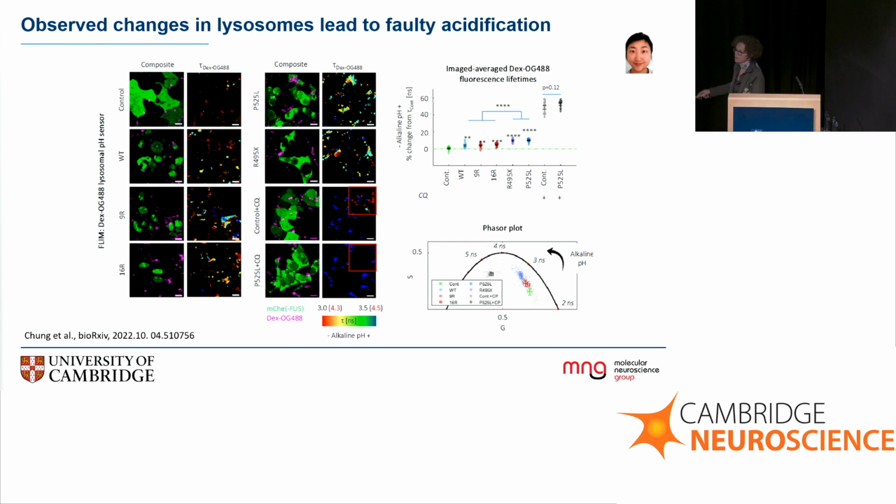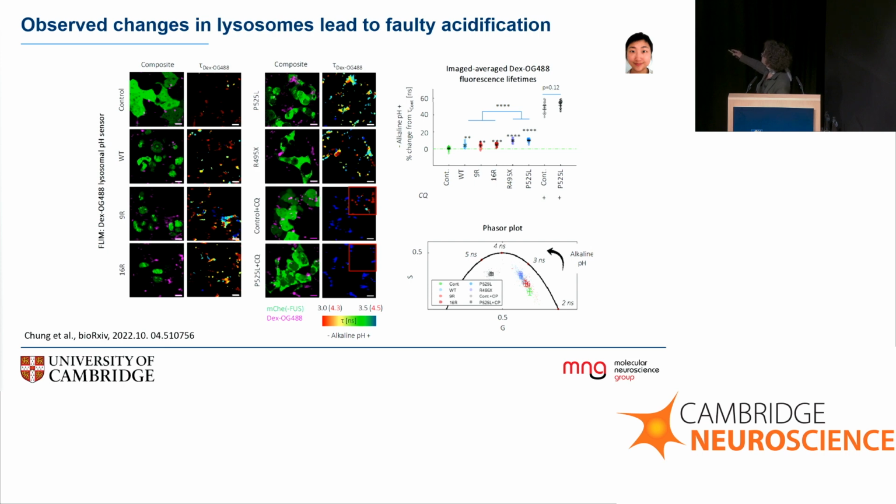And we again used the same mutant, and we used a fluorescence lifetime technique where we had Oregon Green dextran, which is a pH sensor that you can use in cells, and we looked at the fluorescence lifetime change of this Oregon Green dextran that we added to the cells. This Oregon Green dextran accumulates in the lysosomes, and when the pH changes, you can see the lifetime significantly changing.